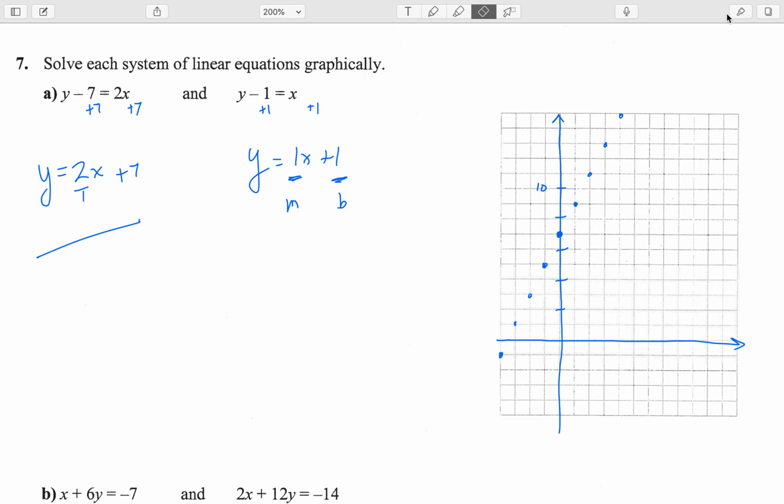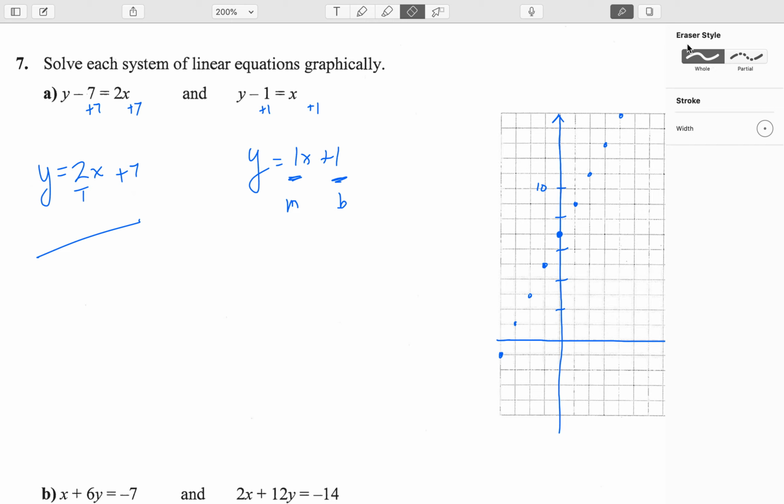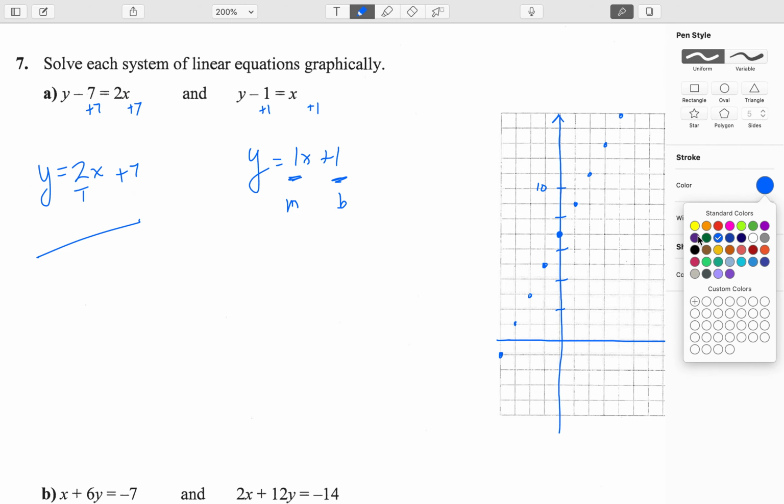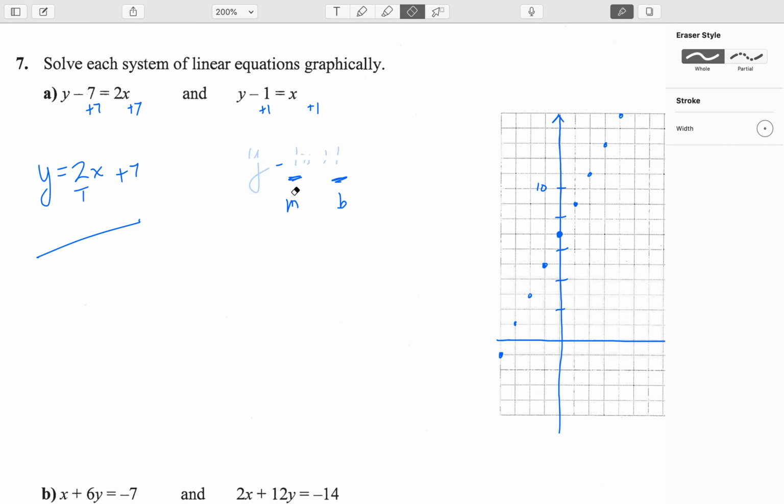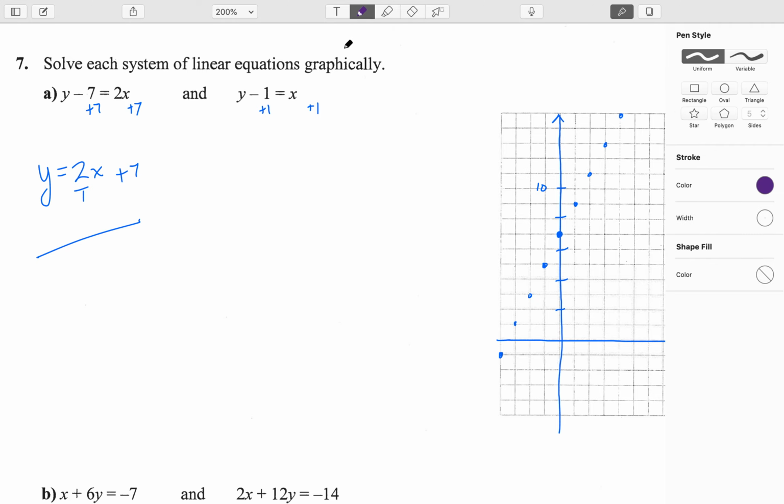Let's see. Let's do it for the other one over here. I'll do this one in, let's do this one in purple. Okay, so what did we have here? Excuse me. We had y is equal to 1x plus 1. So this one has a slope of 1 and it's going up 1 over 1, up 1 over 1, up 1 over 1.